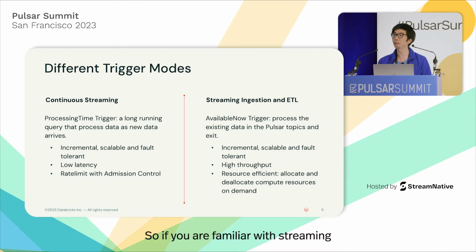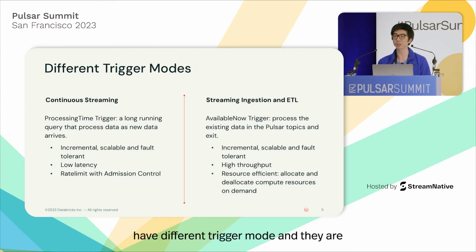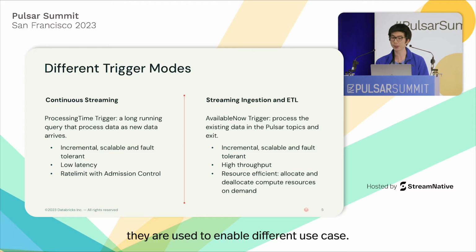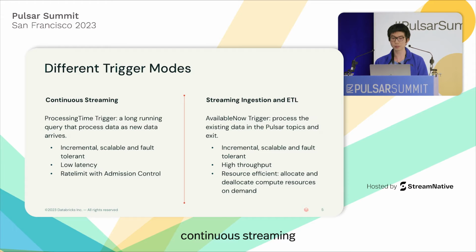If you are familiar with streaming, or even Spark Structured Streaming, you know that streaming computation has different trigger modes, and they are used to enable different use cases. Some of our customers use continuous streaming. When they use the processing time trigger, they can set the trigger interval to be very small or 0, and in that case, they can build real-time streaming applications with very low latency.